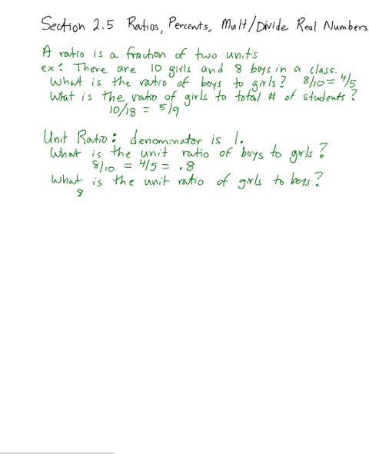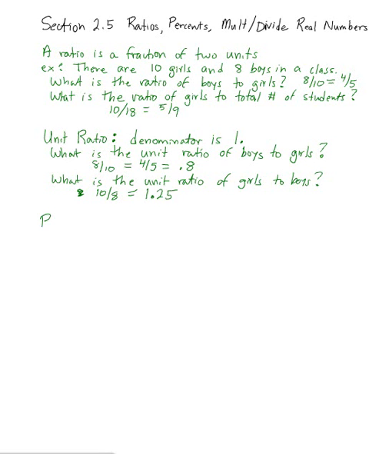No, I wouldn't. Not 18 over 10, I would have 10 over 8. Right? Because there are 10 girls, 8 boys. I could grab my calculator, just type in 10 over 8, and I get 1.25. So once again, we do get a decimal. But we get a decimal bigger than 1. That's okay.